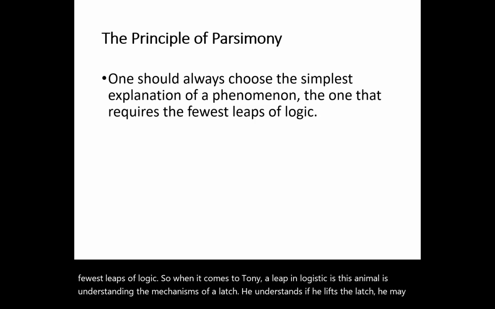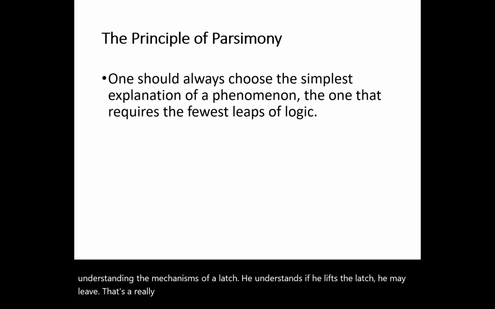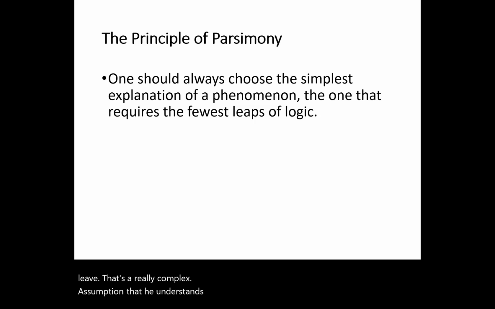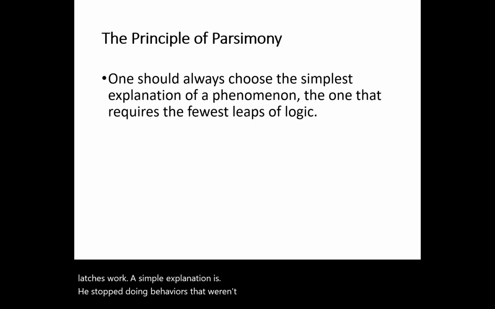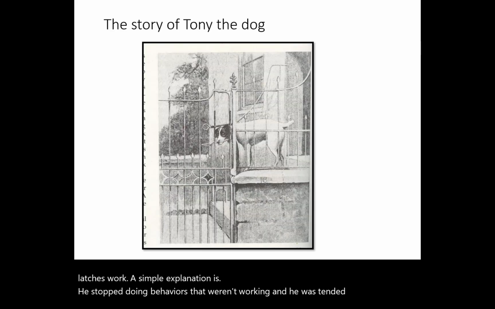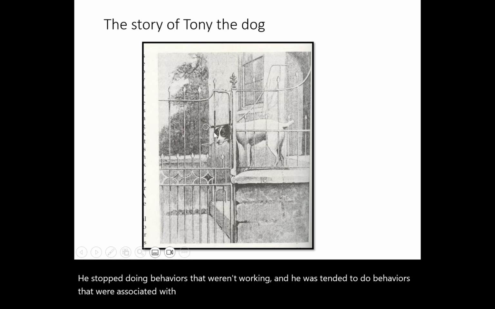That's a really complex assumption, that he understands all of the complexity of lifting up a latch and how latches work. A simple explanation is he stopped doing behaviors that weren't working, and he tended to do behaviors that were associated with getting that reward.